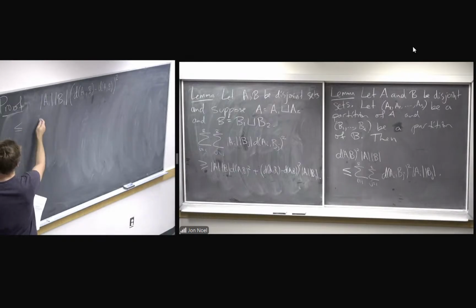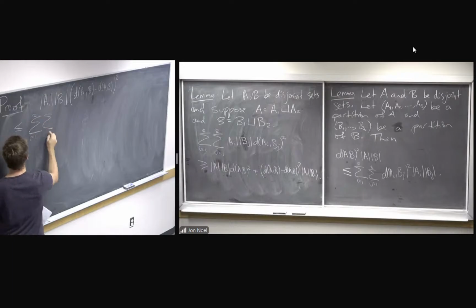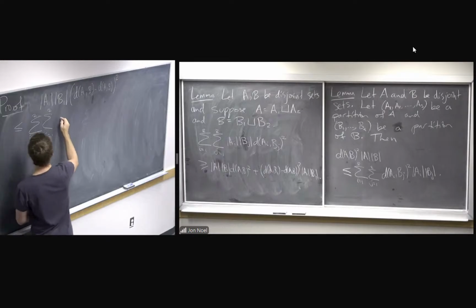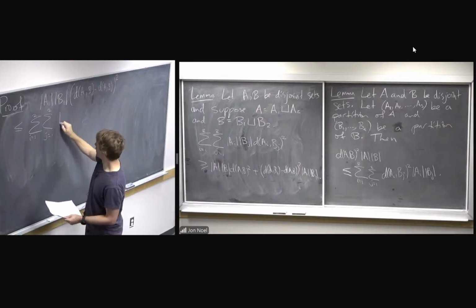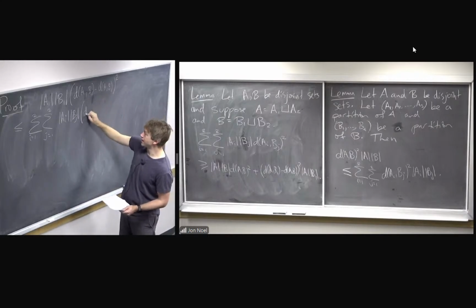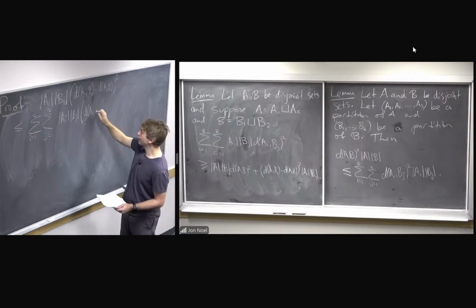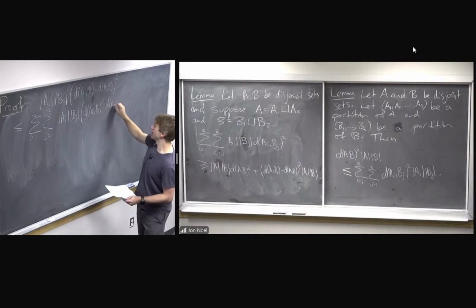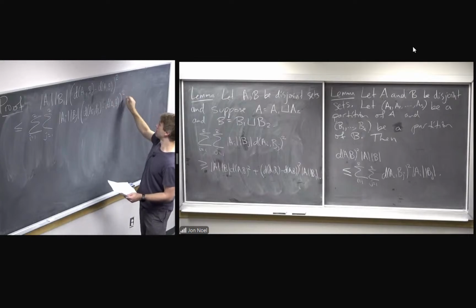So of course, this is at most, if I was to sum over all i from 1 to 2, j from 1 to 2, and take the size of Ai, size of Bj, and a kind of analogous quantity here, d(Ai, Bj) minus d(A, B), squared.